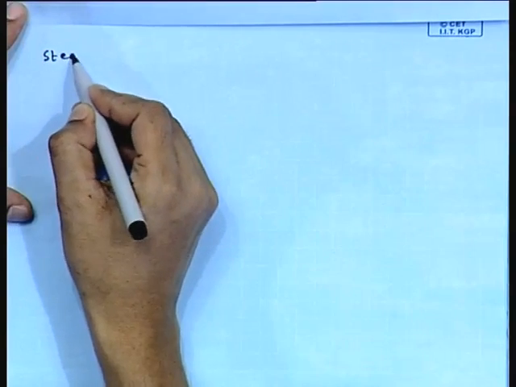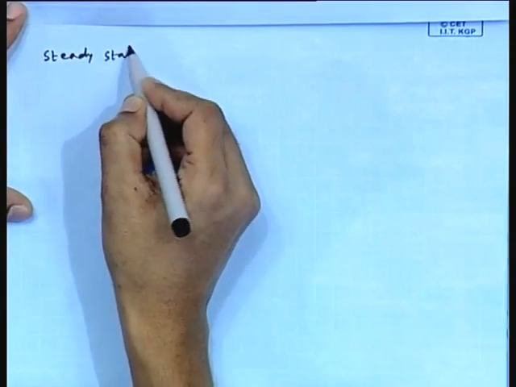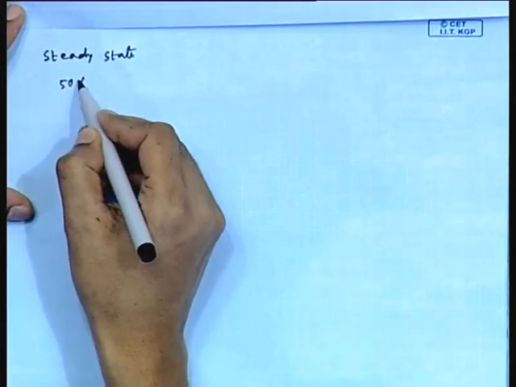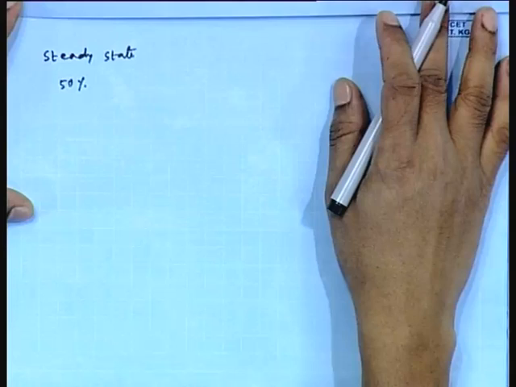Now, we have considered at steady state the valve is 50% open, but if Ti is decreased to 20 degrees Celsius, then suppose the controller needs to open the valve 60%. At steady state we have considered 50% opening of the steam valve.